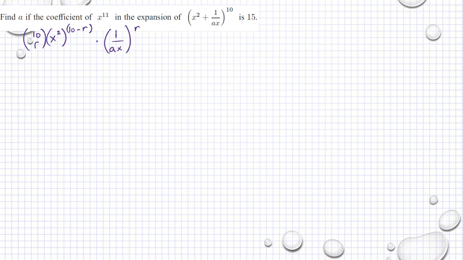So maybe it's better if we do it with another color. Then we have x raised to 20 minus 2r multiplied by a raised to negative r multiplied by x raised to negative r.